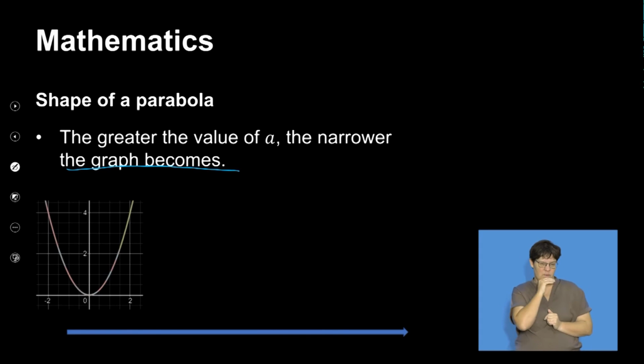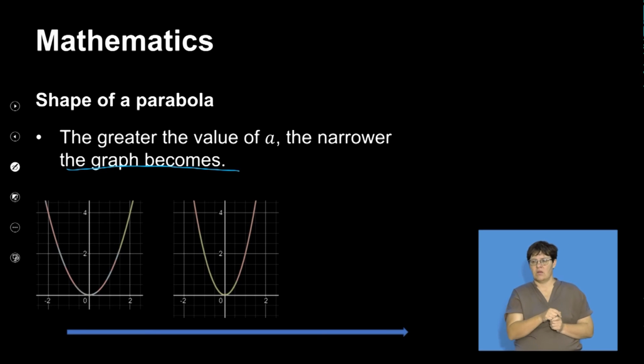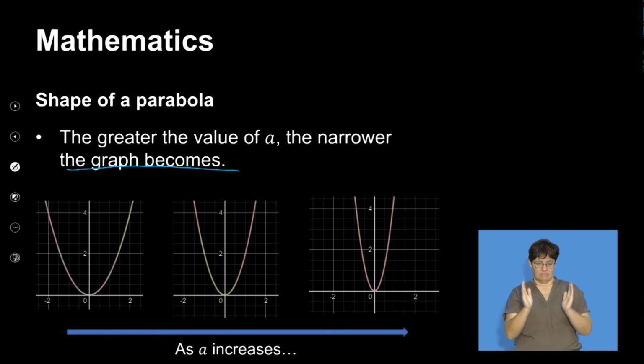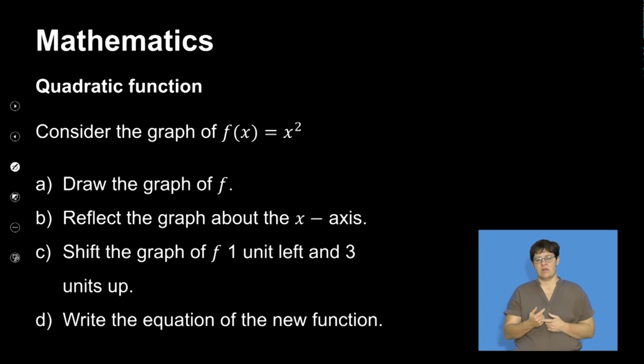Just to show you what this means, if my graph is y = x², it will look like this, and then it becomes 2x², and then it becomes 3x². So as a is increasing, the graph becomes a bit narrower in terms of the distance from the y-axis. Just so that we can look at a specific question now, how do we change these parameters?